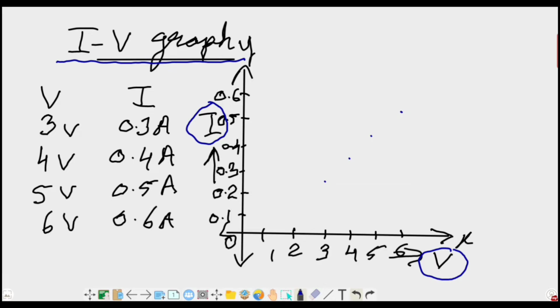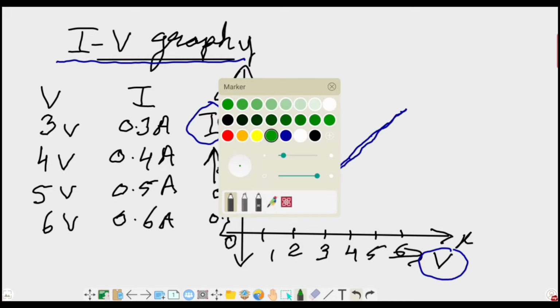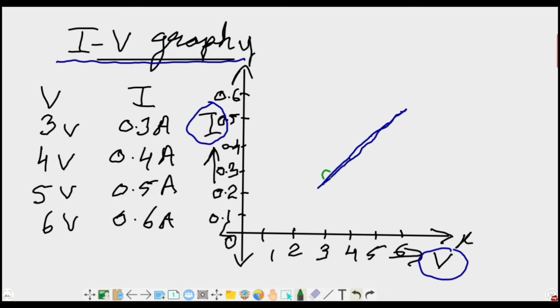So when you join them, again you are getting a straight line, almost straight line. Now, same way, suppose I am considering the first point and the third point. Now it is 3 comma 0.3 and this is 5 comma 0.5.